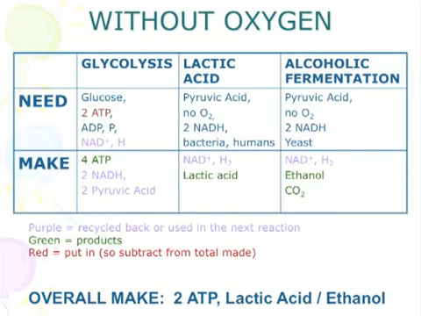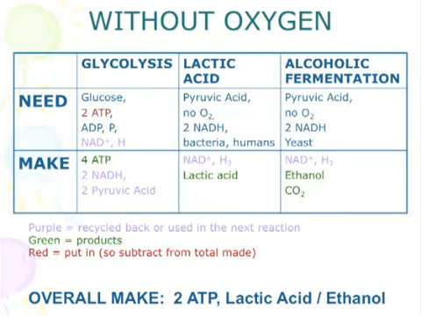So the purple is recycled, green are your products, your ultimate products. So glycolysis, it makes your 2 ATP, and then why the 2 NADH and the 2 pyruvic acids are put in purple is because they're used in the next stage. So they are not in the overall outcome. So the overall make at the bottom, as you see, is 2 ATP, a lactic acid, and or ethanol, depending on which fermentation you went through.